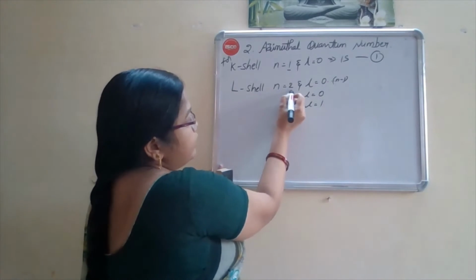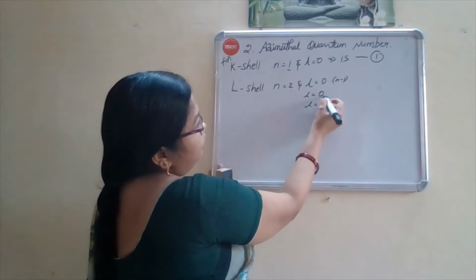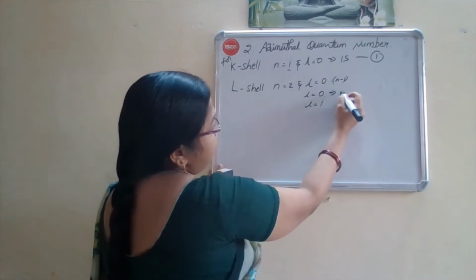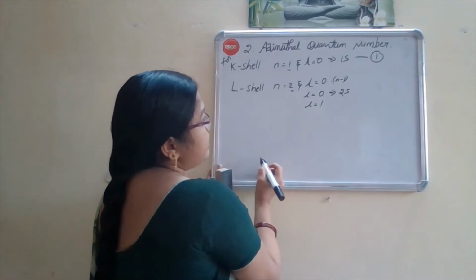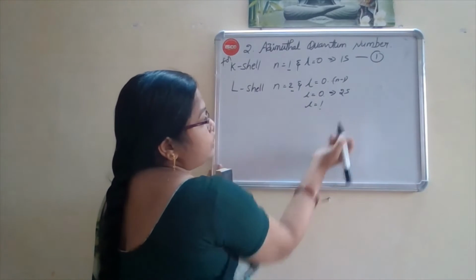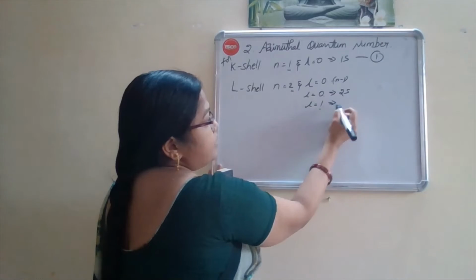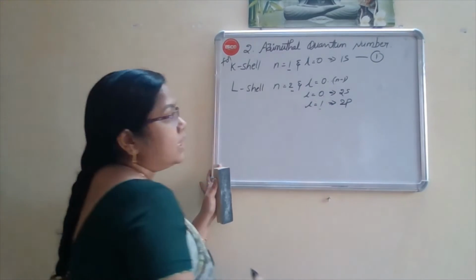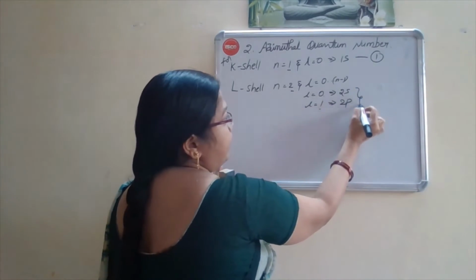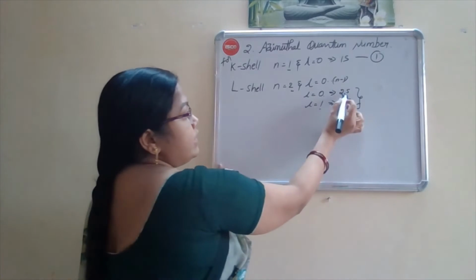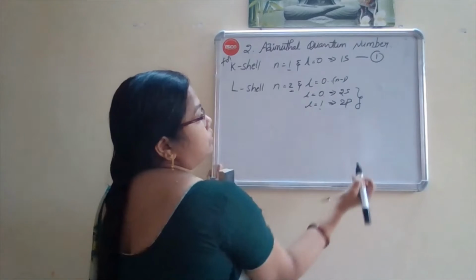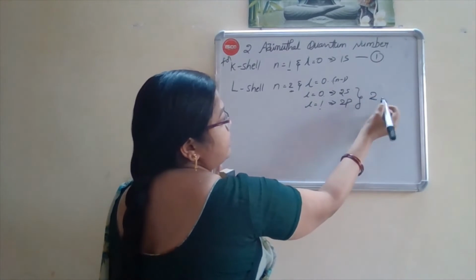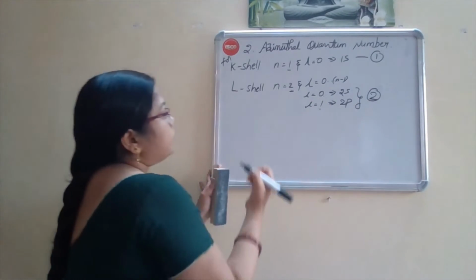If n equals 2 and l equals 0, the resulting subshell is 2s. If n equals 2 and l equals 1, the resulting subshell is 2p. The number of subshells equals the principal quantum number, 2. So, the number of subshells is 2.